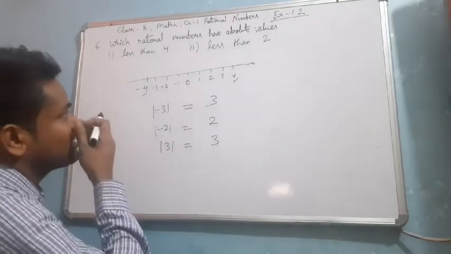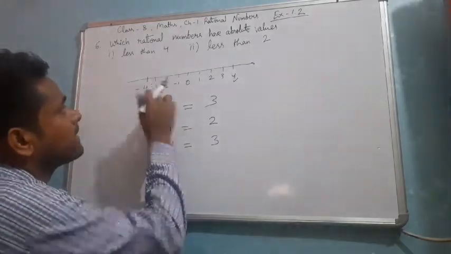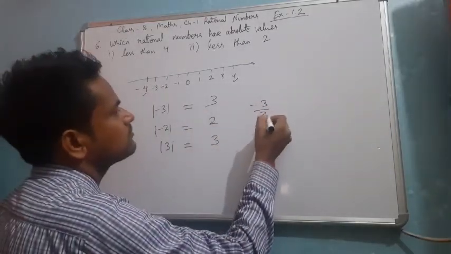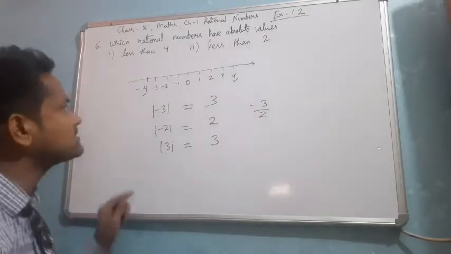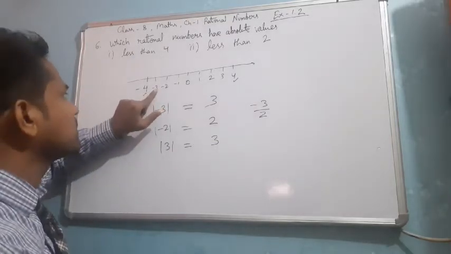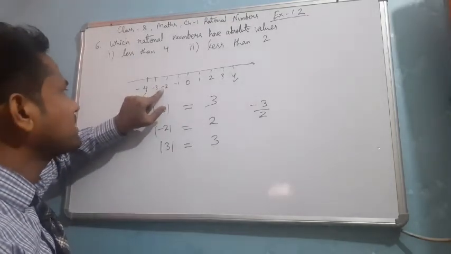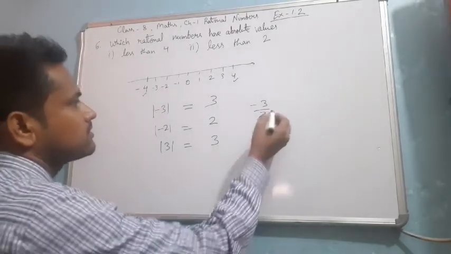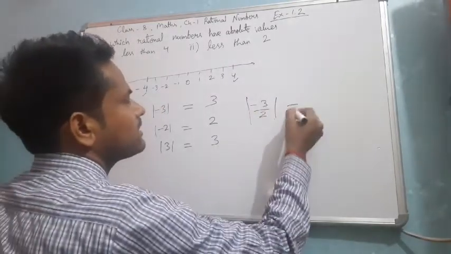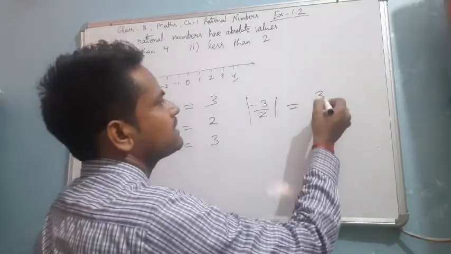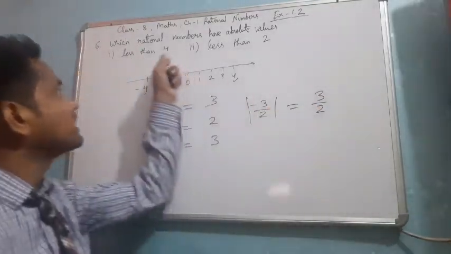Got it? If we take minus 3 by 2, it lies between minus 2 and minus 3, and taking the absolute value, we get 3 by 2, which is less than 4.